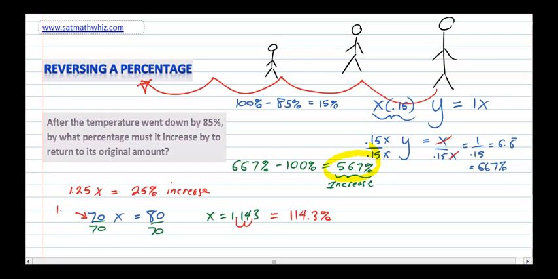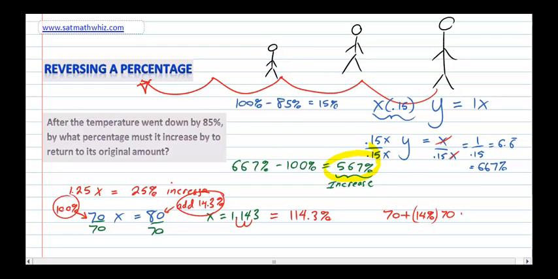Let's think about this for a second. Obviously, 80 is only a small amount more than 70. So when I multiplied 70 by some percent in order to get 80, I was multiplying it by the 100% that I originally had, so I'm keeping my original 70, but I'm adding an extra 14%. So 70 plus 14% of 70 gives you 80.